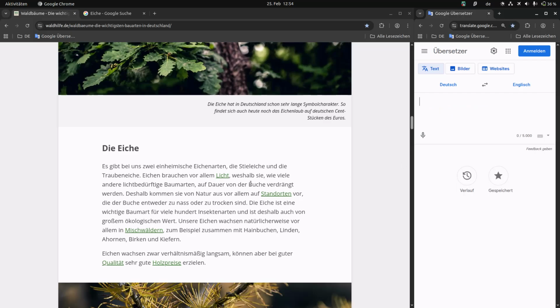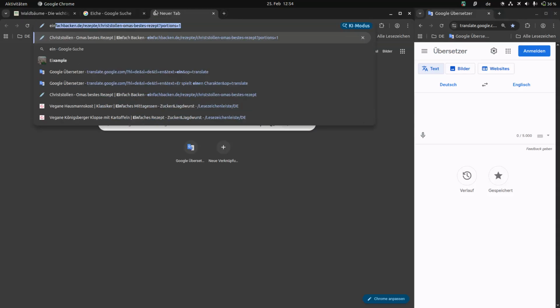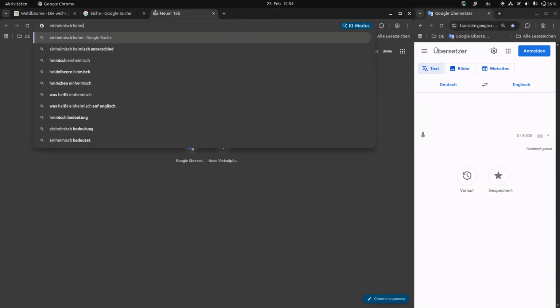So einheimisch means, how do I say this? It's basically, you could also say native, einheimisch. I don't know if there's a big difference between heimisch and einheimisch. I don't necessarily know. I'm just gonna Google it. Einheimisch, heimisch.